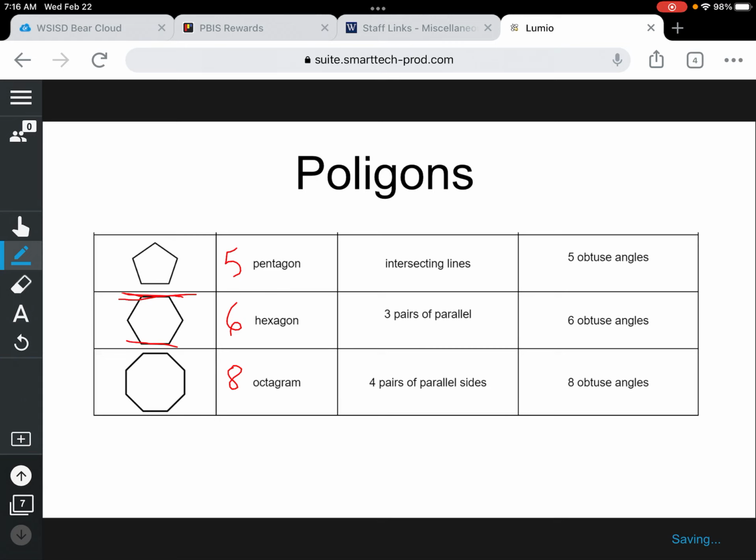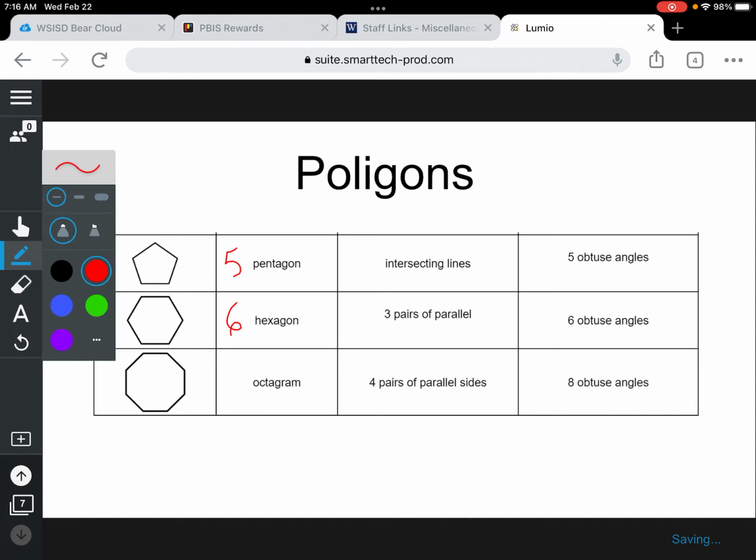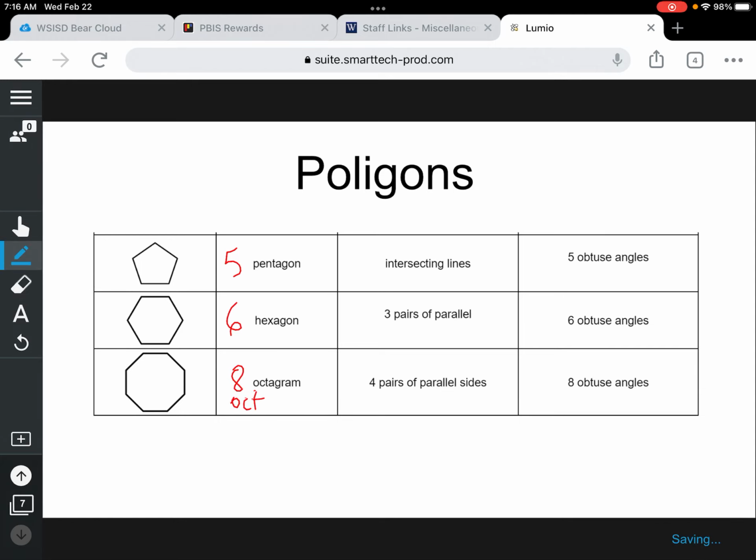These are parallel, for example. And the octagon is the stop sign. It does have 4 pairs of parallel sides. The more sides you add, the number of parallel sides will increase because they will have more chances.